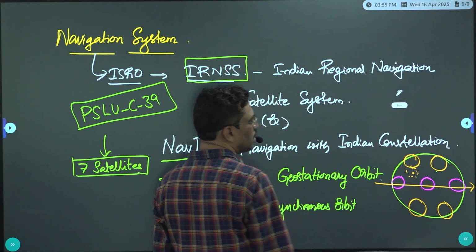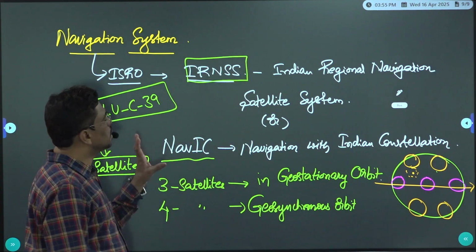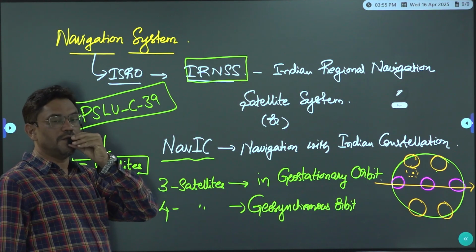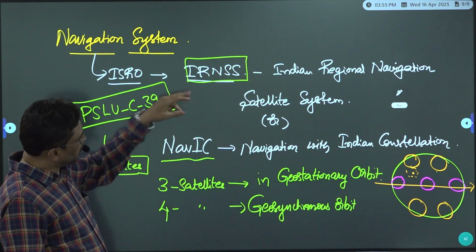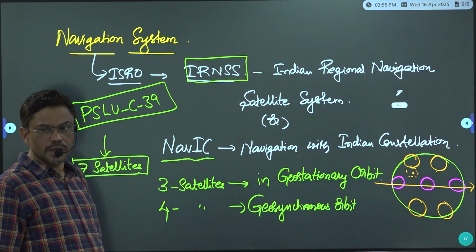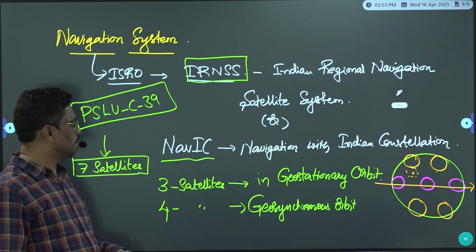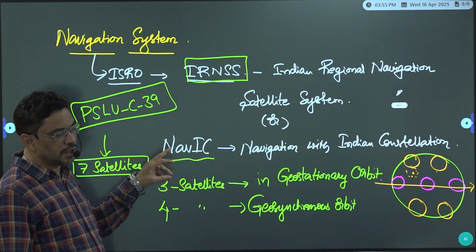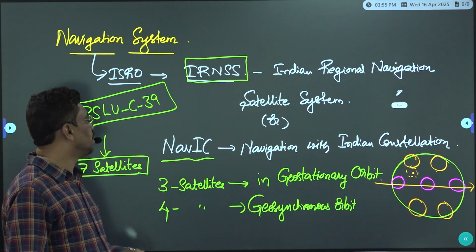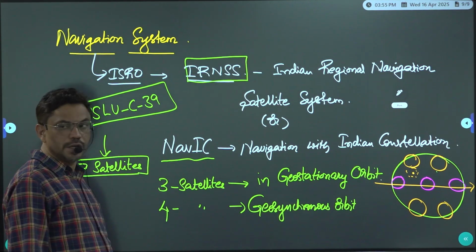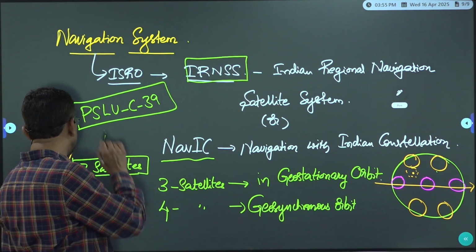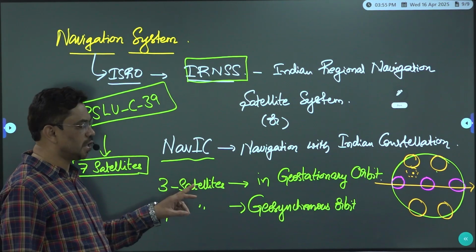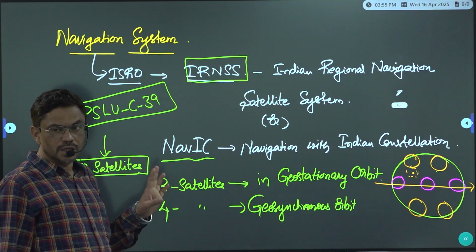Suppose an object is located here, all the 4 satellites will cover this object. So ISRO has developed its indigenous Indian Regional Navigation Satellite System, IRNSS, also called NAVIC, Navigation with Indian Constellation. In this, 7 satellites are launched, 3 in geostationary orbit and 4 in geosynchronous orbit.